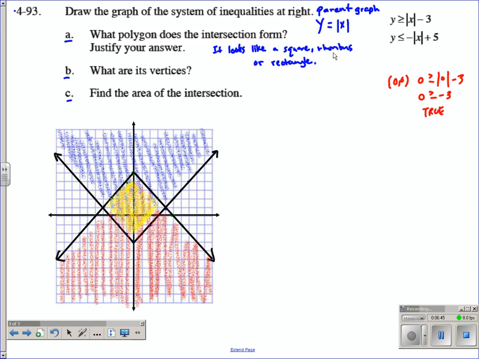Now remember, a rhombus has 4 equal sides. A rectangle has 4 right angles, and then a square is the combination of both of them there. In this case here, if we locate our vertices, we've got vertices at several different points. We've got one at the point -4, 1.